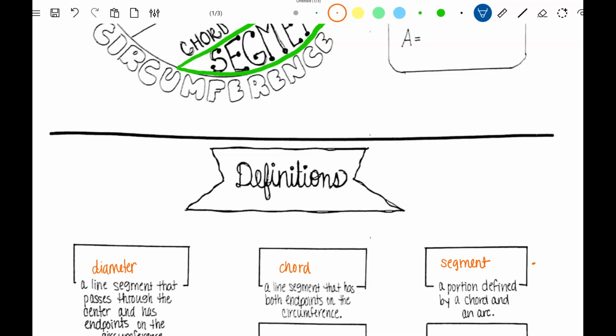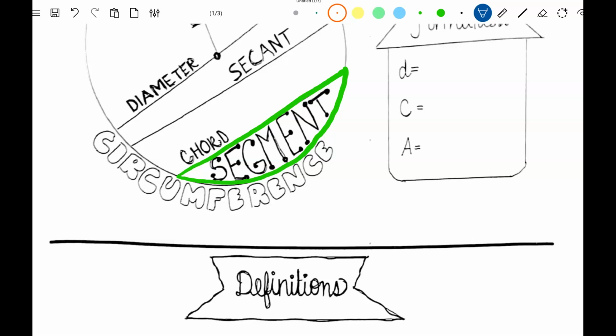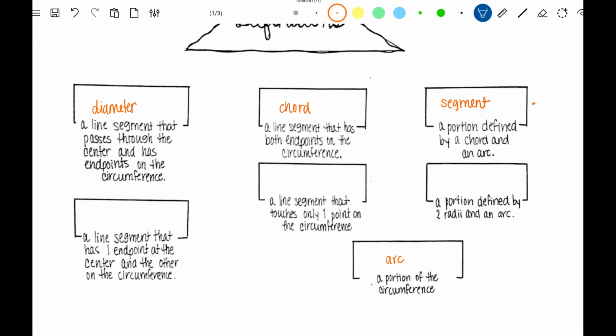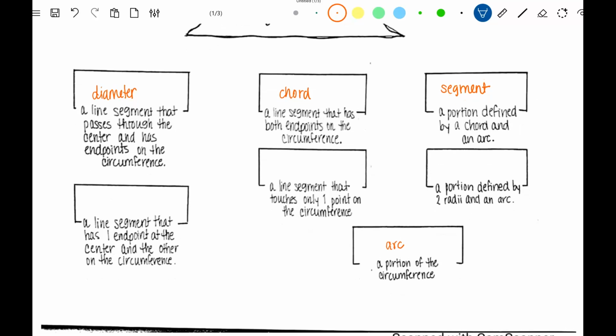If you want to distinguish the two, you could call a circle segment and a line segment. If we're dealing with circles, then it'll say circle segment or just segment. Notice that the definitions in here say a line segment, simply so that you don't get it confused with that segment.